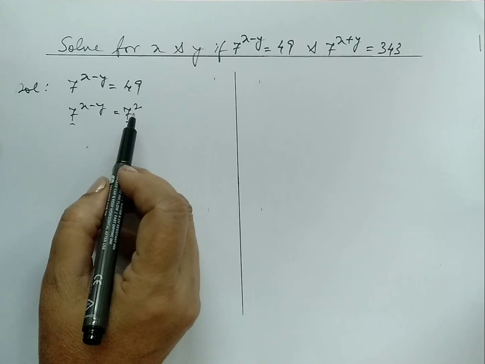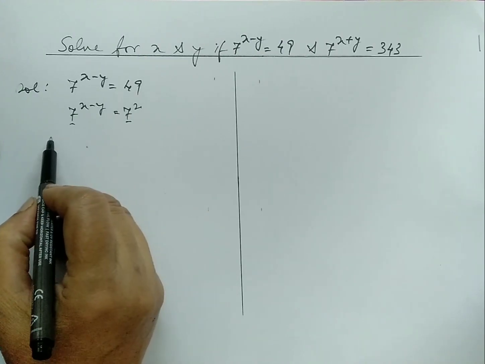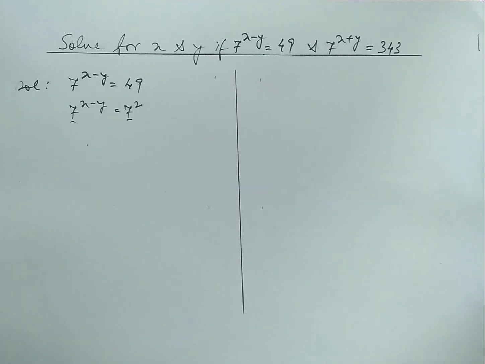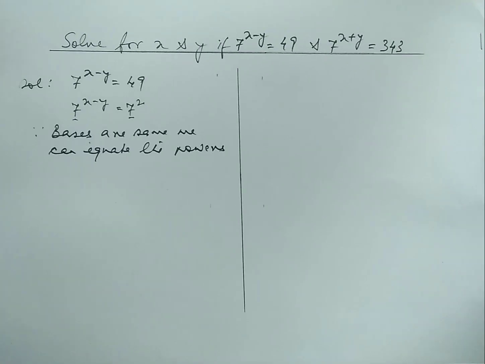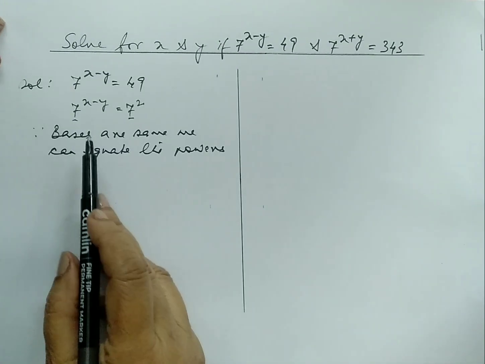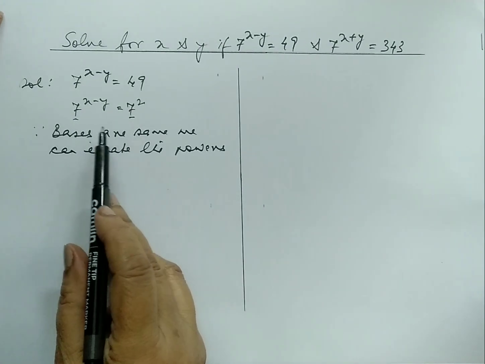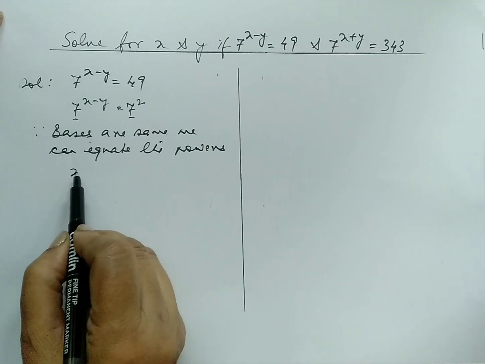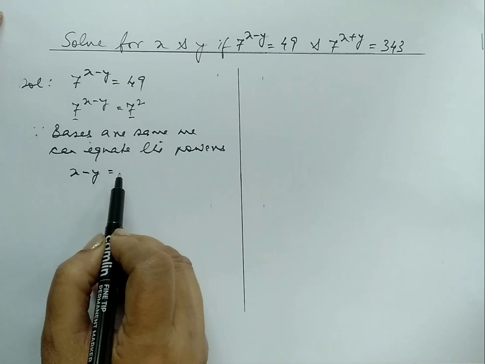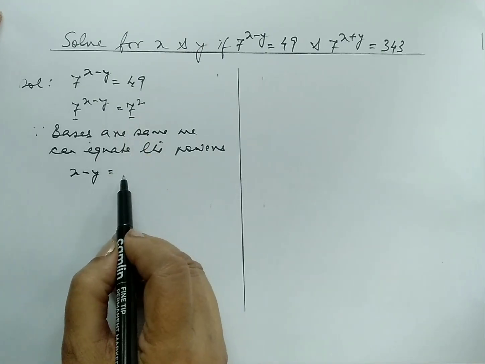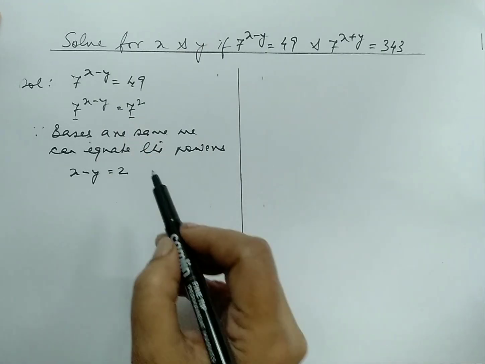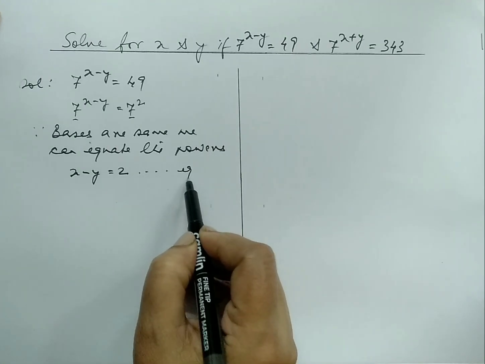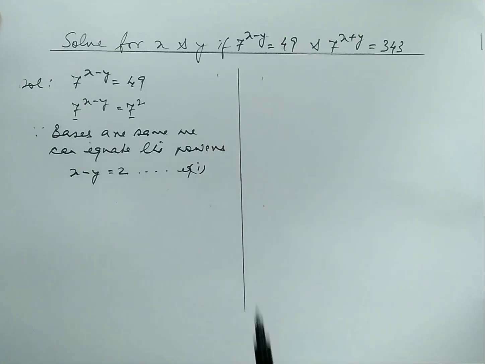Okay. Now what do we say here? Because the bases are same, we can equate the powers, which means we can write x minus y equals to this power. Now let us take this to be our first equation.